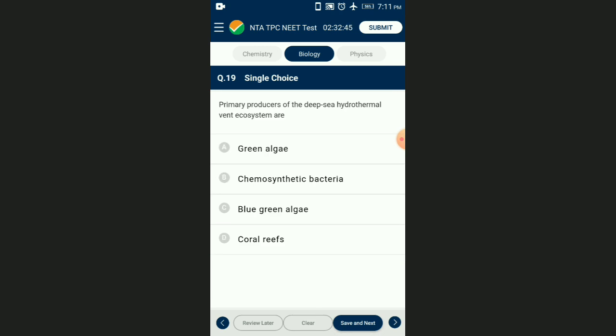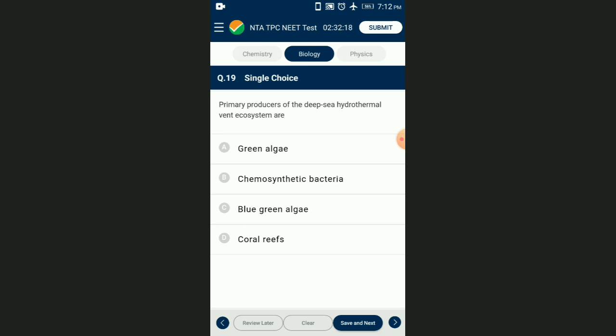Question number 19. Primary producers of deep sea hydrothermal vent ecosystem are bacteria belonging to the chemosynthetic autotrophic category. They obtain energy for the synthesis of food by oxidizing certain inorganic substances like ammonia, nitrates, nitrites, ferrous ions, etc. Thus, they do not utilize light as an energy source.